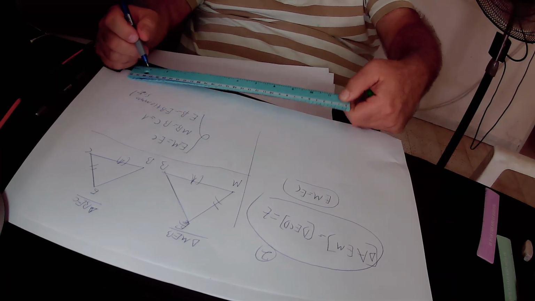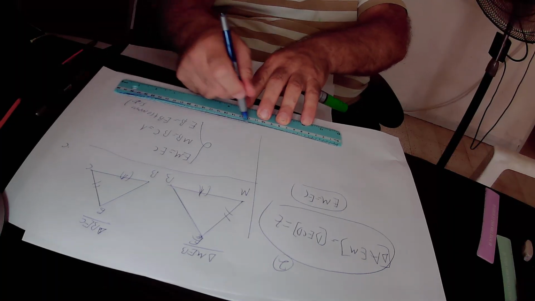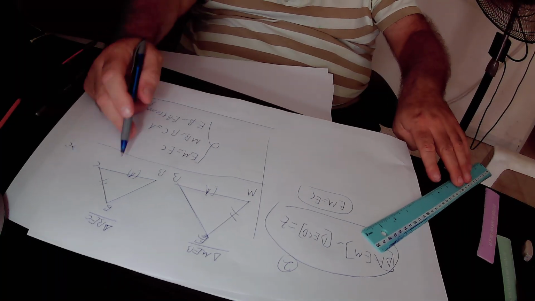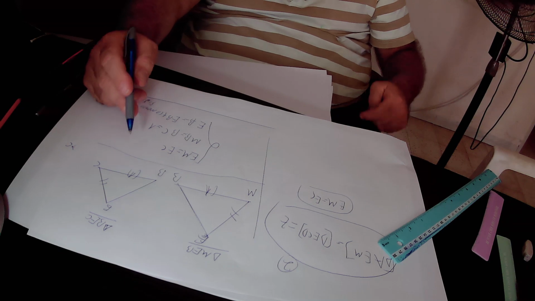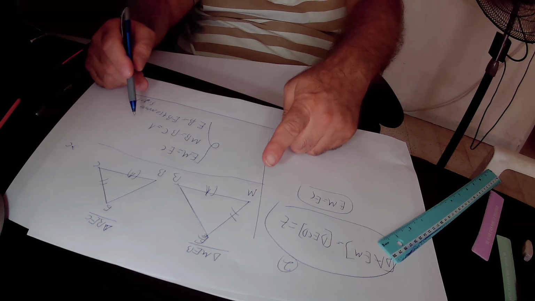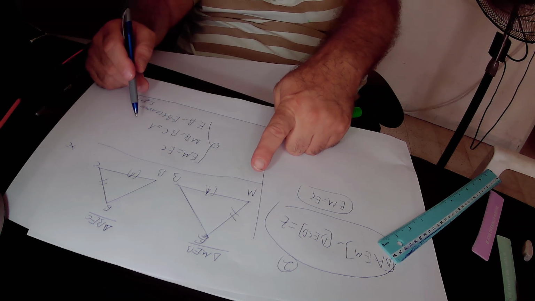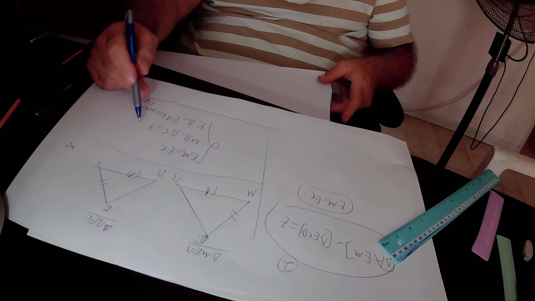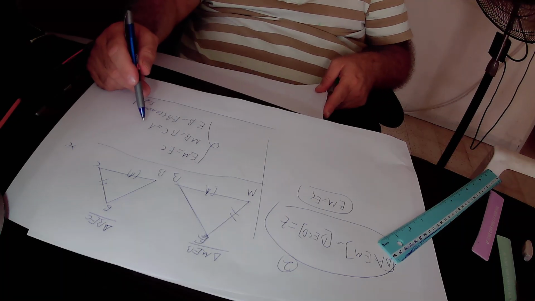So if you know that all three sides of this triangle BEC are correspondingly equal to all three sides of this triangle MEB, therefore those two triangles can go into each other according to the side rule.